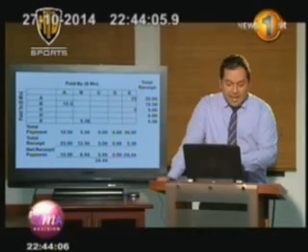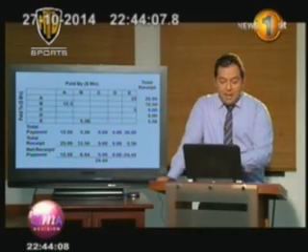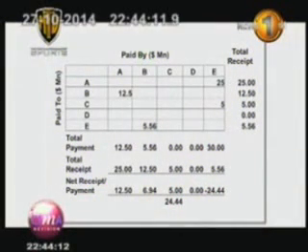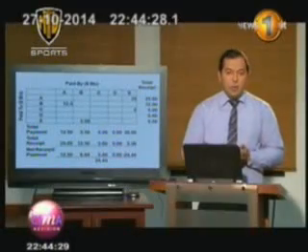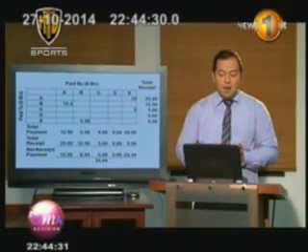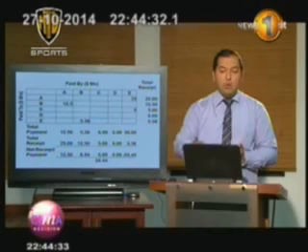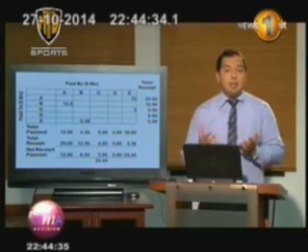It shows that there is a net receipt of $12.5 million for A, a net receipt of 6.94 million for B, a net receipt of 5 million for C. There are no receipts or payments for D, whereas there is a net outflow of 24.4 million for E. If I were to total these positive cash flows, it should be equal to the total negative outflow from E. So how do we interpret this table?